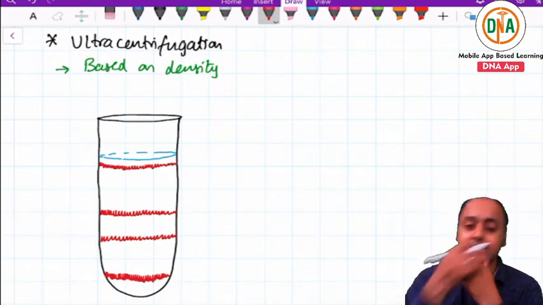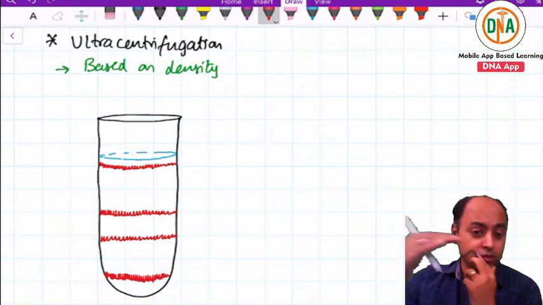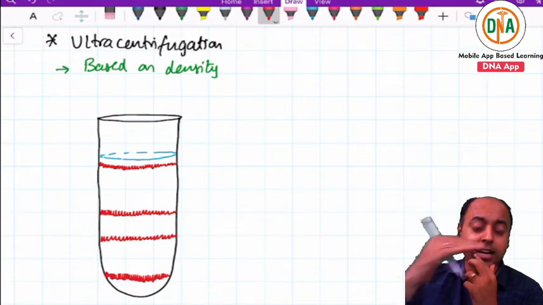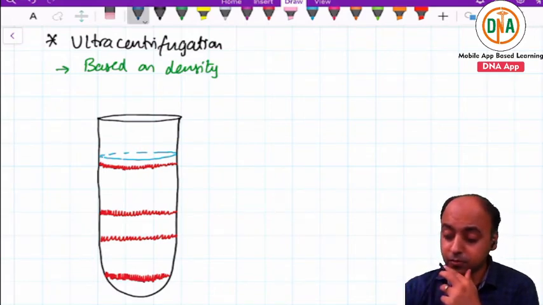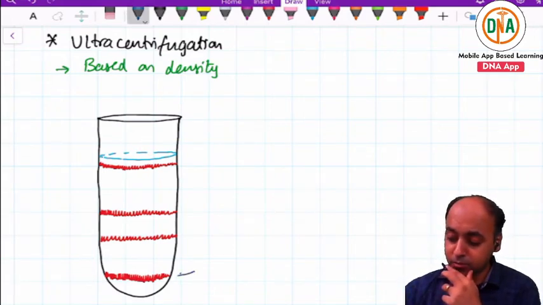This is arranged as per density. The most dense will go at the bottom, the lightest one will stay at the top. This means the layer at the bottom must be the high density lipoprotein. The layer at the top is the lightest, which is called the chylomicron.